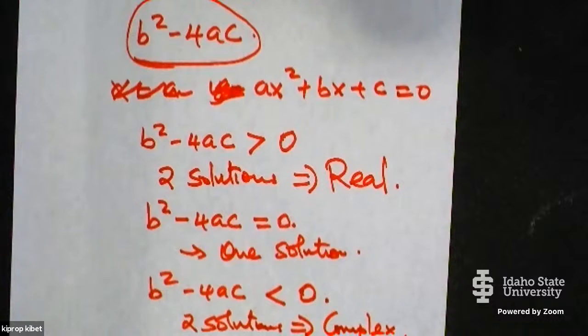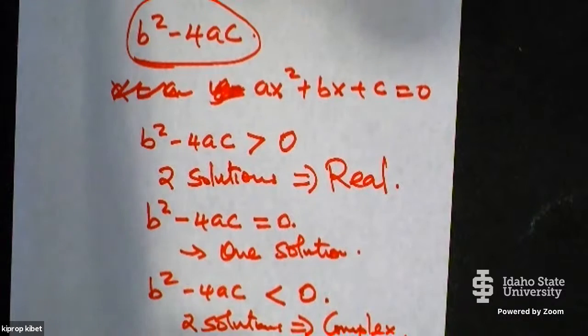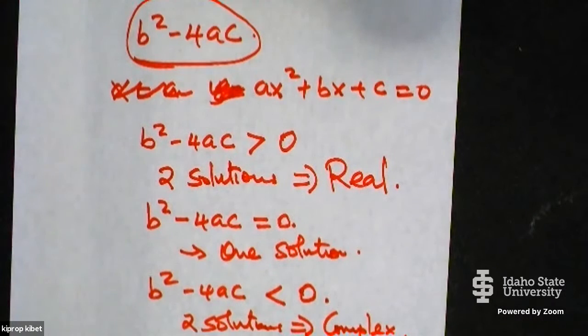So they are complex. Now you are given that the discriminant is 81. So when the discriminant is 81, that is greater than 0, right? Therefore, the quadratic equation has two solutions, and both of them are real.